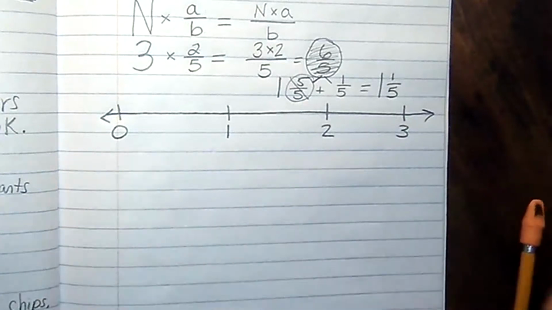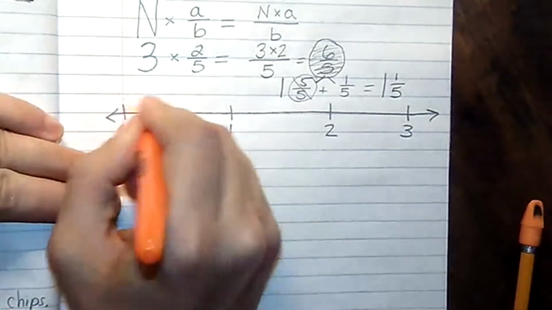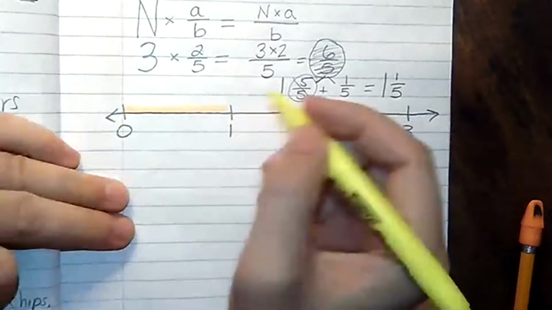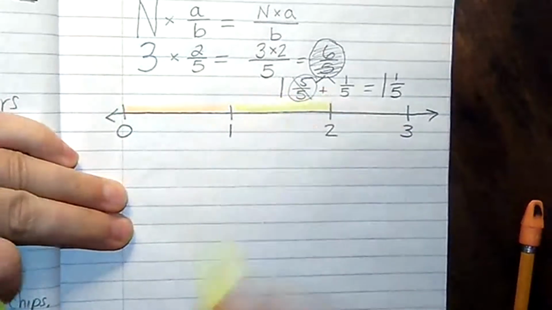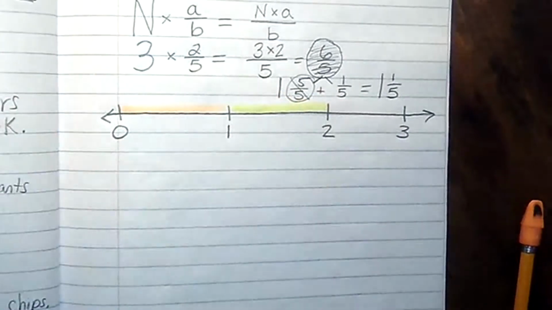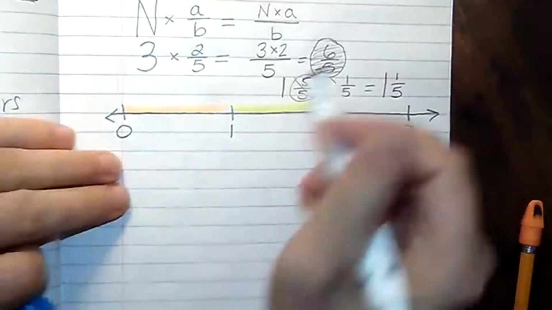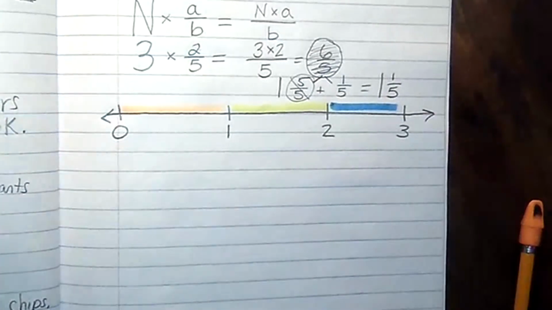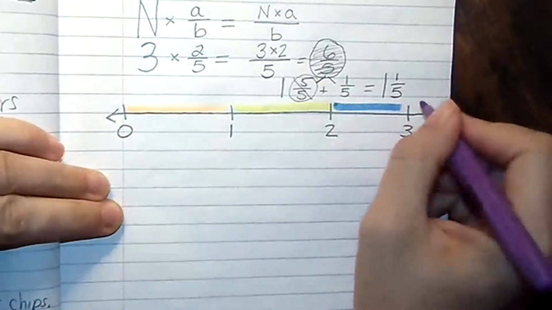Where would 2/3 go? I'm going to highlight my areas. We're going to have an orange area, a yellow area, a blue area, and we'll even have a purple area down here at the end.